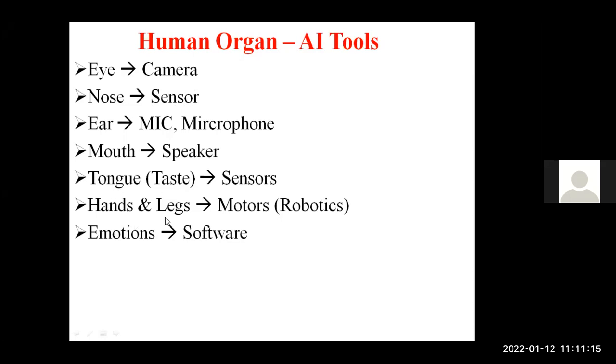Tongue again is sensors. Now the work that we are able to do after collecting all these things: motors and robotics will be there, which will handle the work we do with our hands and legs, like our movements, picking up something and all. Similar tasks can be done by robots also. Our emotions, our thinking or taking decisions, that acts as the software part. So we are relating our human activities of collecting data and performing accordingly with some technical terms.